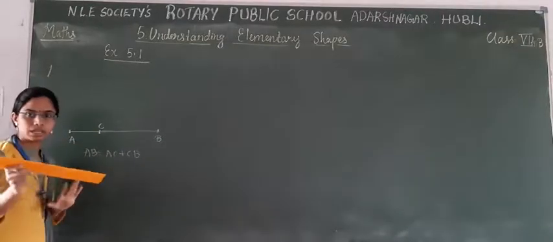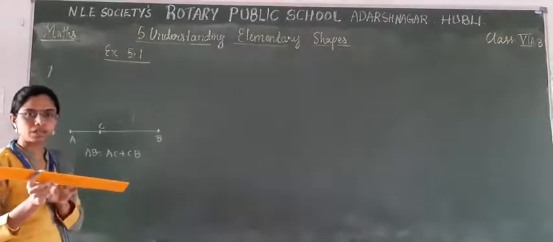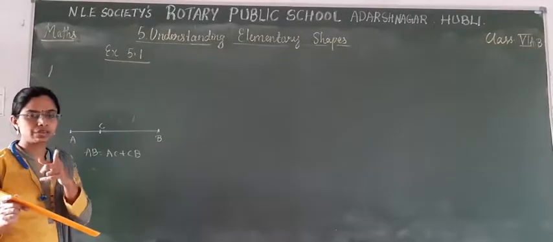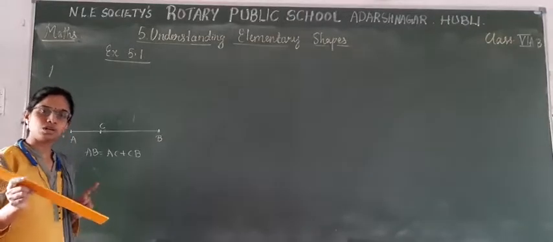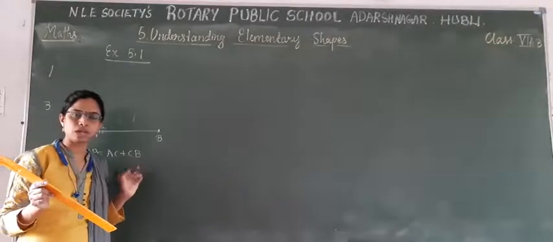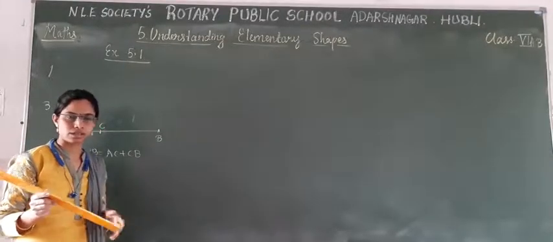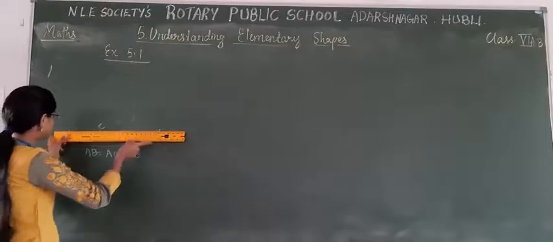This scale has a different measure, and the small scale which you will have will have a different measure. You use your own scale and you can measure any line segment of any length.